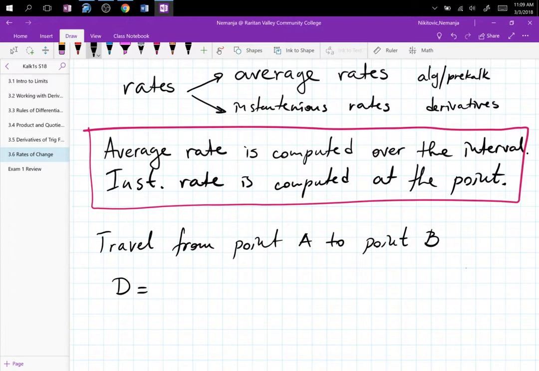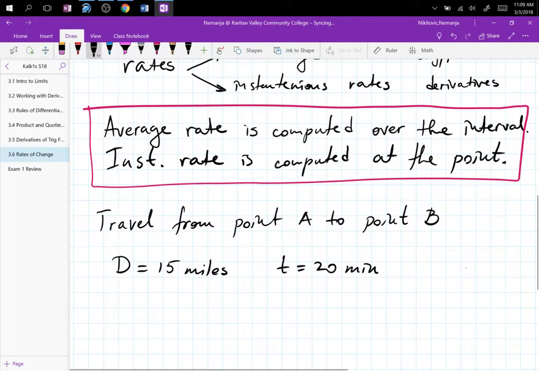Miles. 15 miles? 15 miles? And what's the time that it takes to cover that, generally? I'll take 20 minutes, okay? And pretend that I didn't hear the other one. Great.